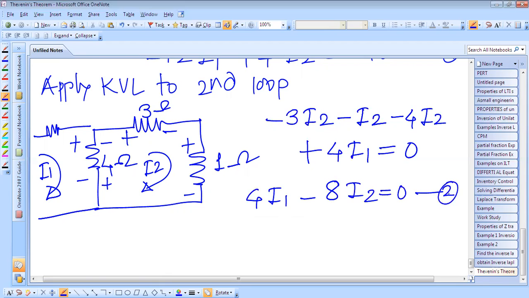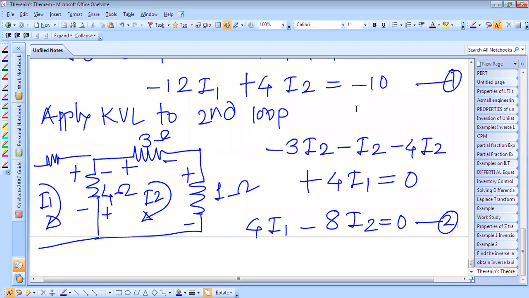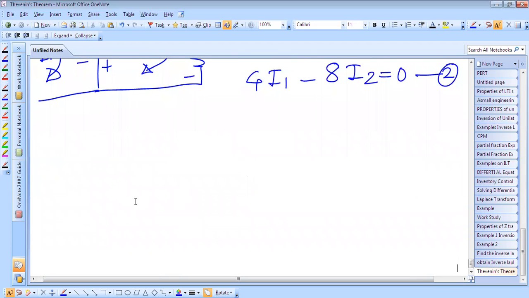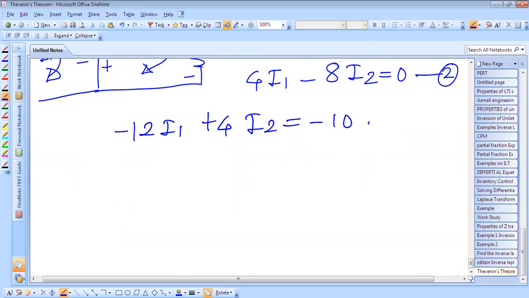Okay, so we have got these two equations, equation number 1 and equation number 2. Now we have to solve these equations, and then we'll get the currents I1 and I2. So we'll write this: minus 12I1 plus 4I2 is equal to minus 10.